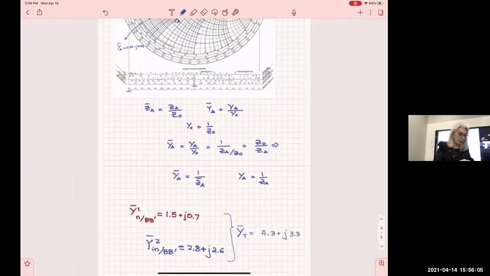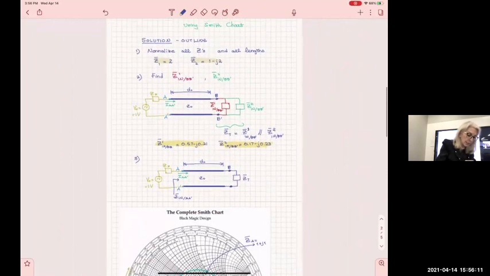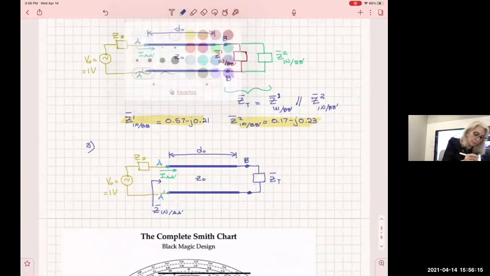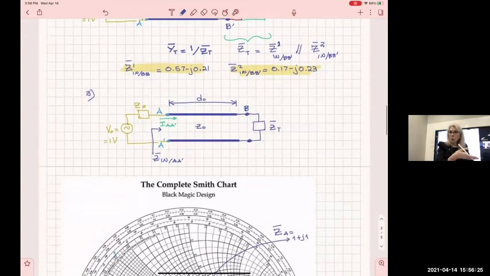So YT, because they are two in parallel, all right, I will take this and I can write it here. YT from here is the inverse of ZT, all right? So now, since I have YT, I have ZT.